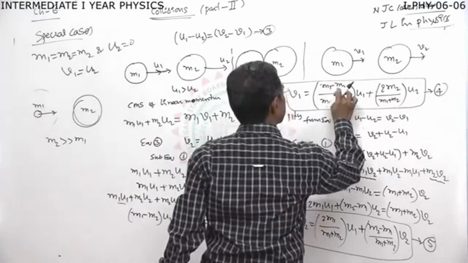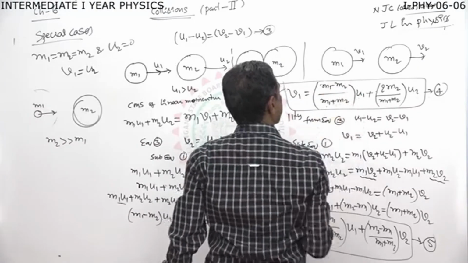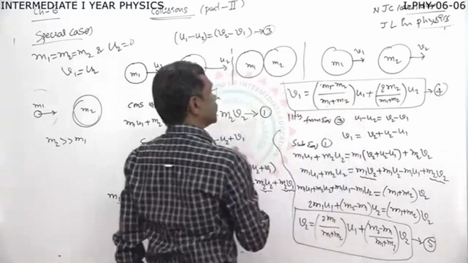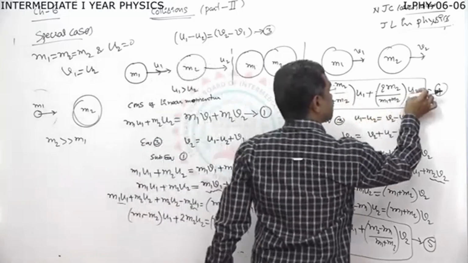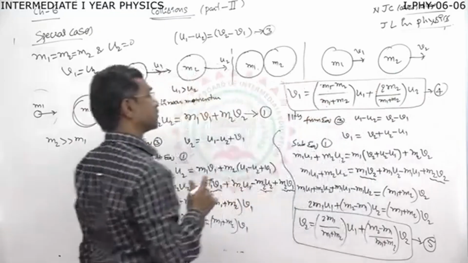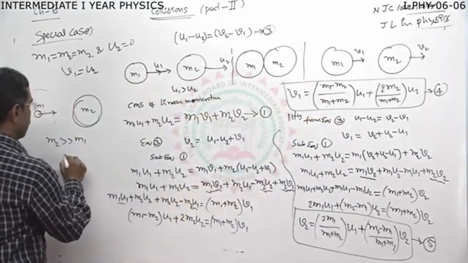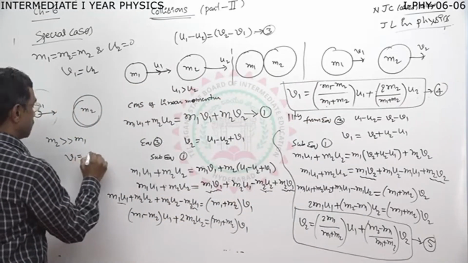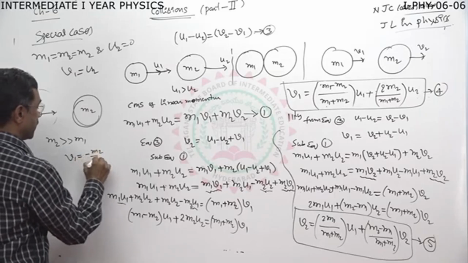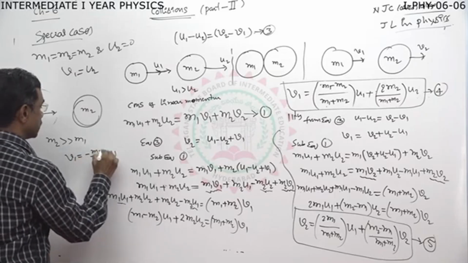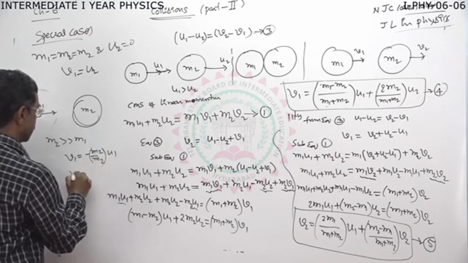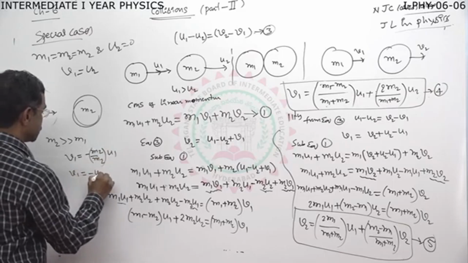So you will get minus M2 here, and the second term becomes 0 since U2 is anyway 0 initially. So obviously V1 will be equal to minus M2 by M2 times U1. The M1 value is neglected, so V1 will be equal to minus U1.